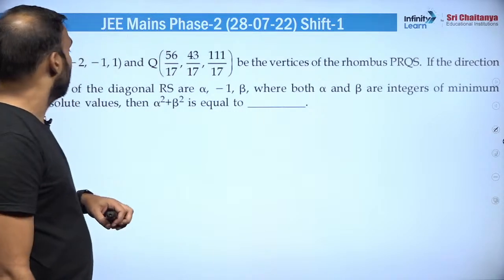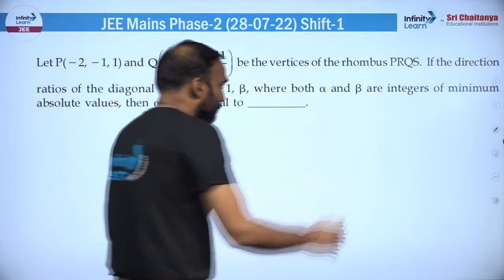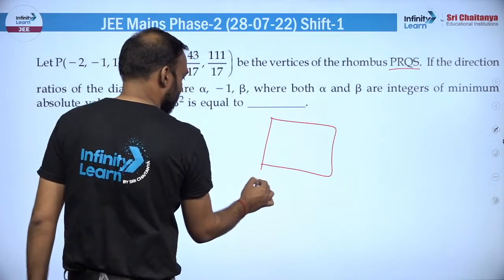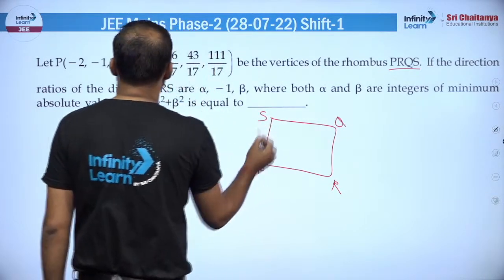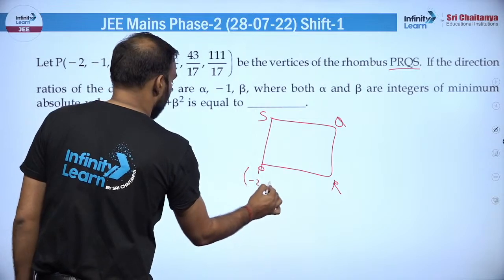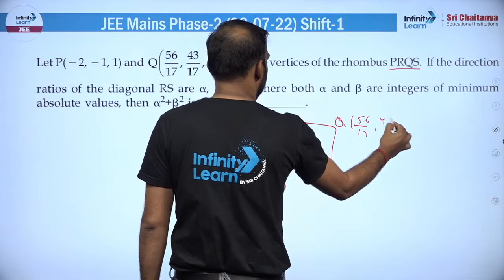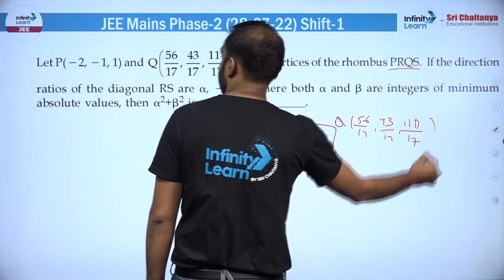Next question, I have 2 points in 3-dimensional geometry, the vertices of the rhombus. Now observe carefully, it is not PQRS, it is PRQS. So this is P, this is R, this is Q, this is S. So I know the point P, (minus 2, minus 1, 1). I know the point Q, (56 by 17, 43 by 17, 111 by 17), right?